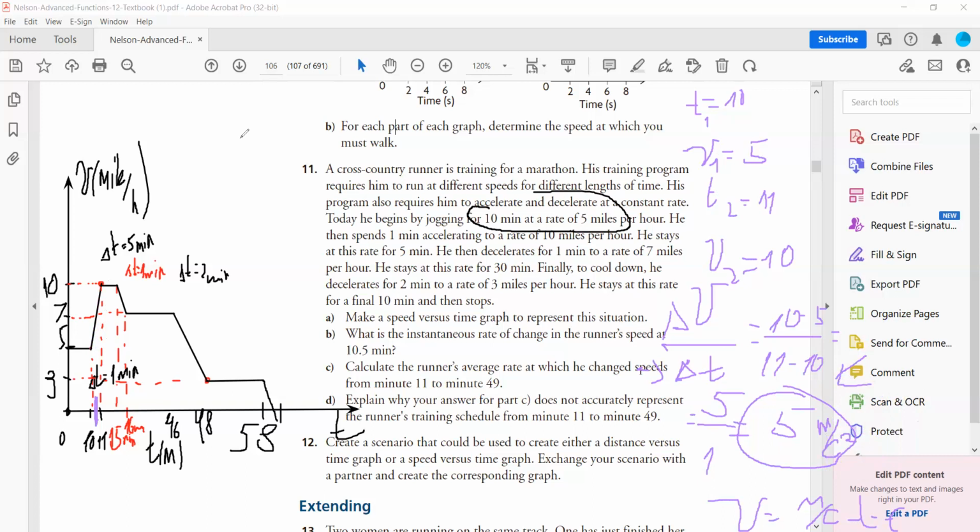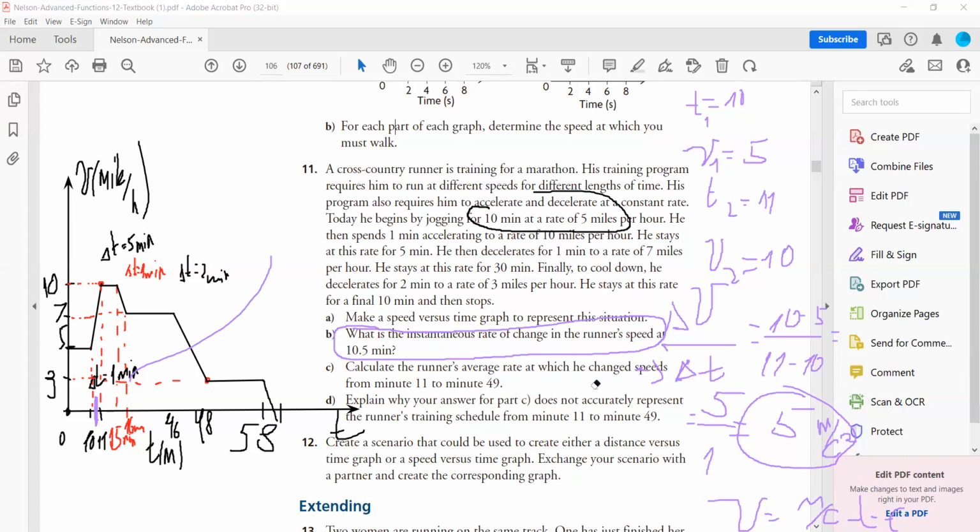That would be a bit different number. So we can state that the instantaneous rate of change in the runner's speed at 10.5 minutes was 5 miles per hour per minute.